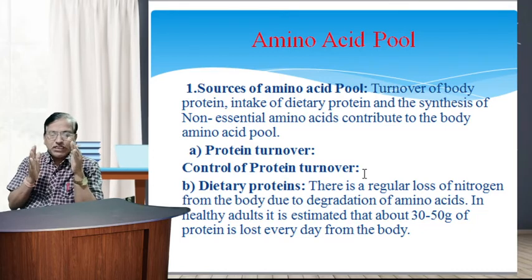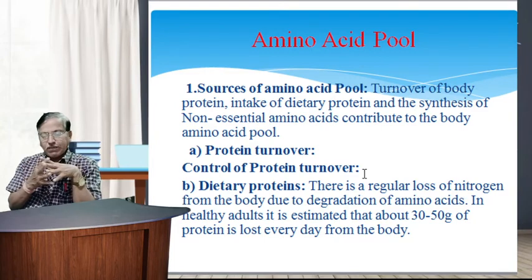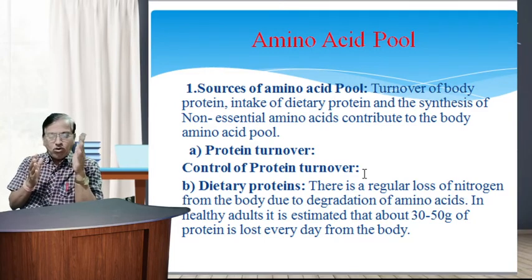There is a wide variation in the turnover of individual proteins. For instance, plasma proteins and digestive enzymes are rapidly degraded, their half lives being in hours or days. The structural proteins, for example collagen, have long half lives, often months and years.